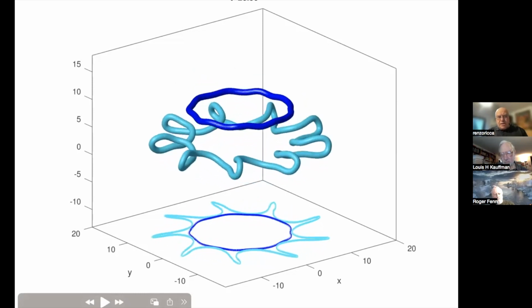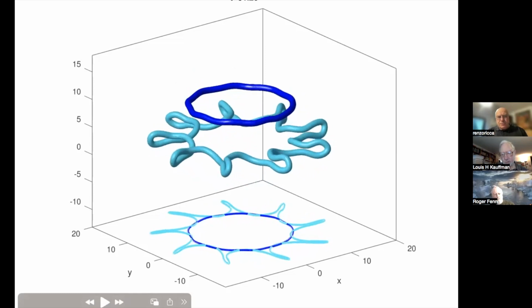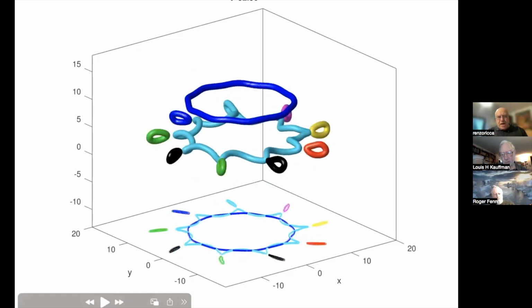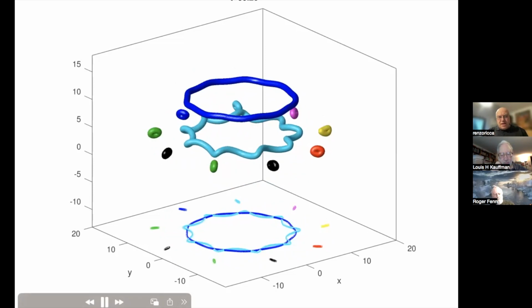And then as we proceed, the formation of these smaller loops. So this is a kind of cascade from the torus knot down, straight down to the last step of my sequence, where several loops were formed.